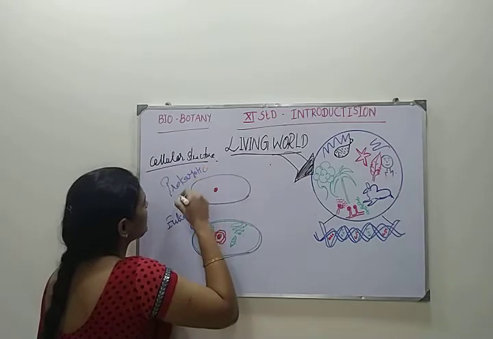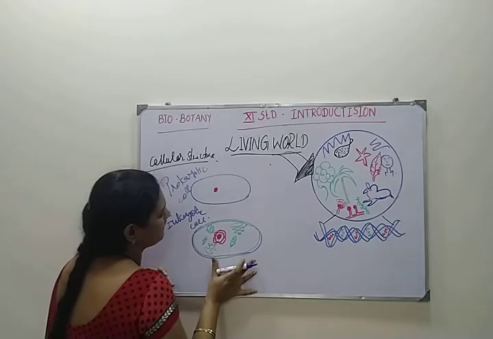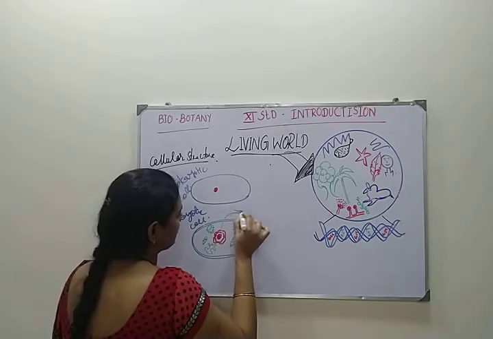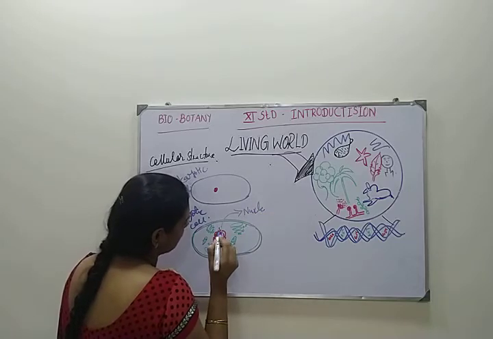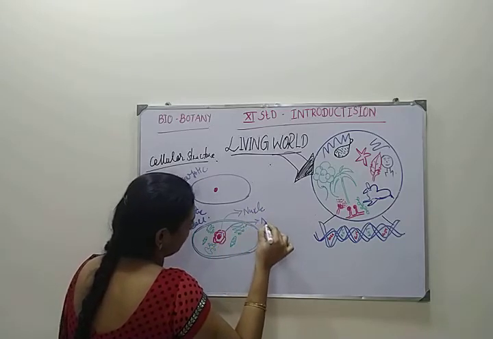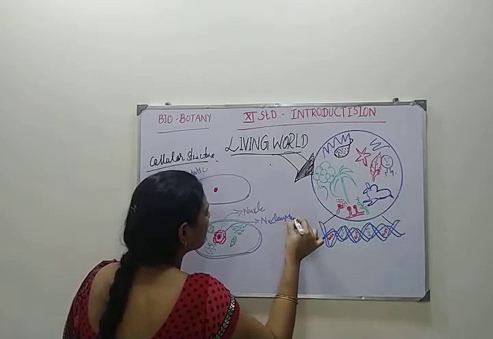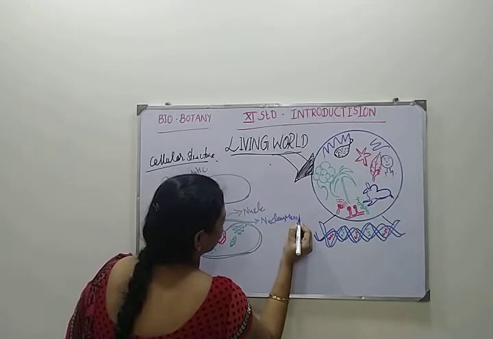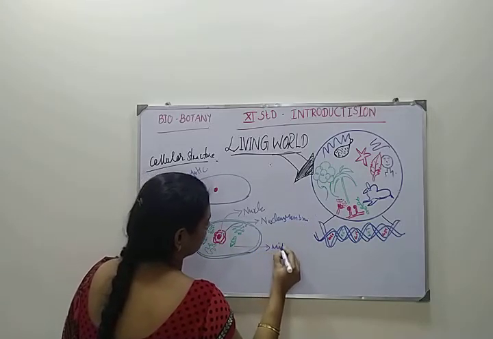You should know what is a prokaryotic cell and a eukaryotic cell. This is a nucleus and it is covered by the nuclear membrane. The membrane which is covering the nucleus is called the nuclear membrane. This is your mitochondria.